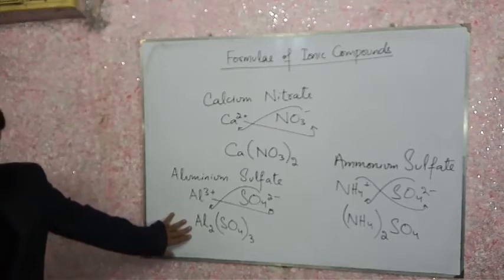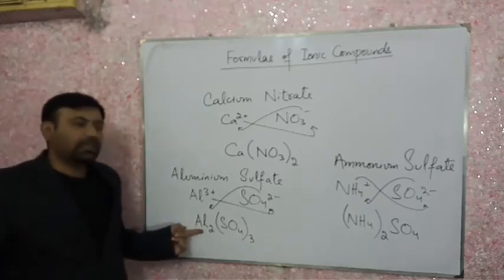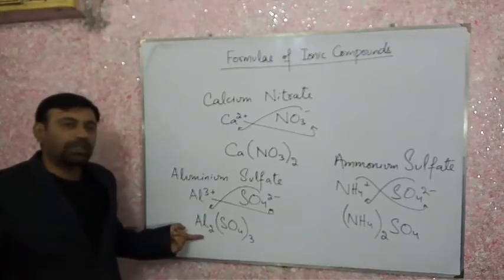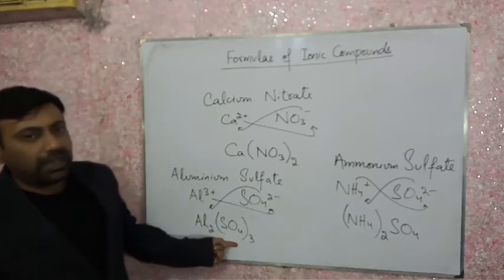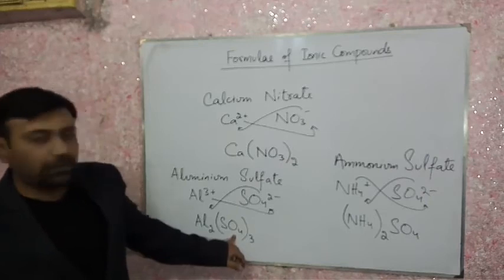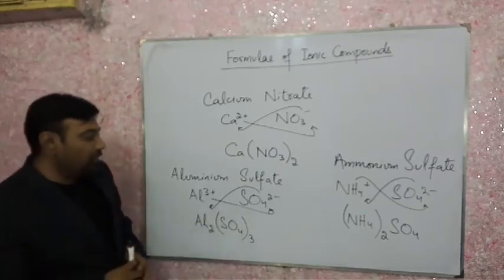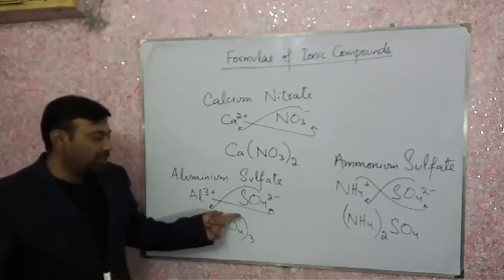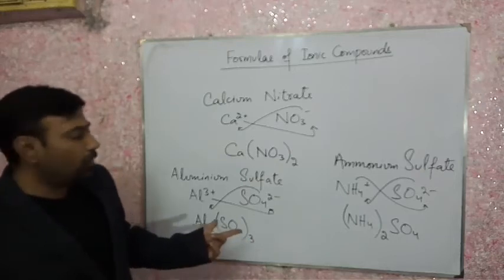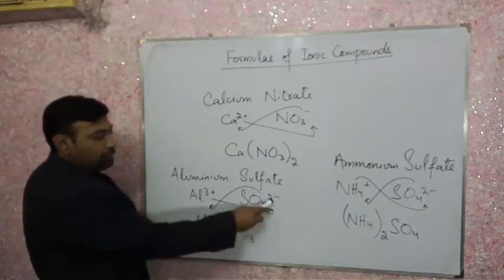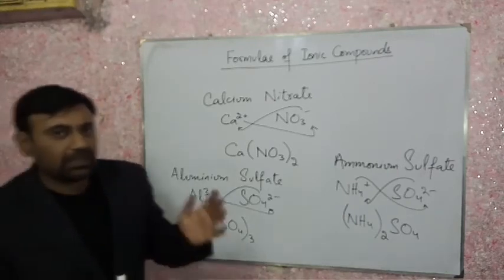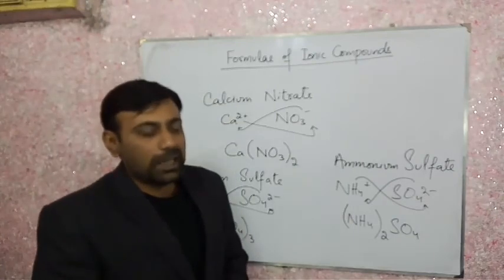We did not put a bracket around aluminium, and that is because it had a single type of atom in it. So we do not need to put a bracket. But in case of sulfate ion, there were different atoms present. 1 sulfur atom and 4 oxygen atoms are present in 1 sulfate ion. So if we have to multiply it by 3, we need to multiply the whole ion by 3. That means we'll have to put the bracket. The overall charges are still balanced. 3 into 2 minus will be 6 minus and 2 into 3 plus will be 6 plus. So 6 minus and 6 plus, overall charge remains the same.